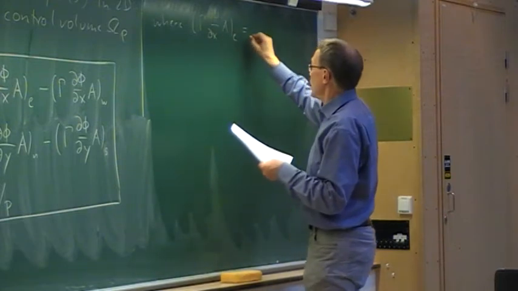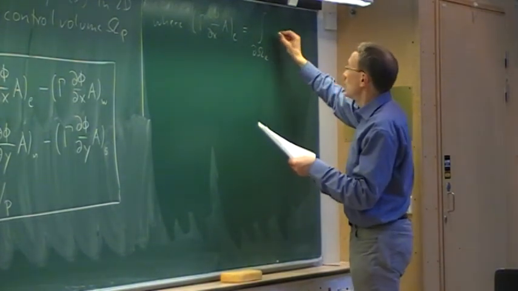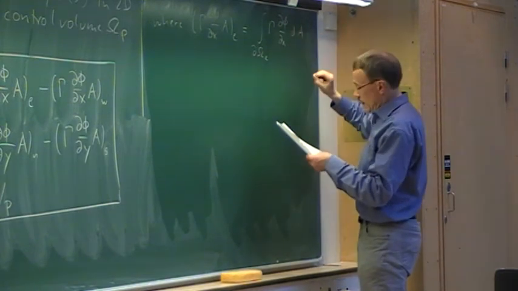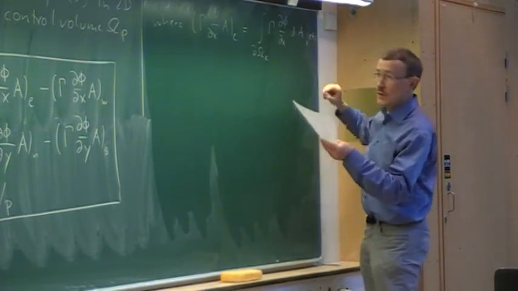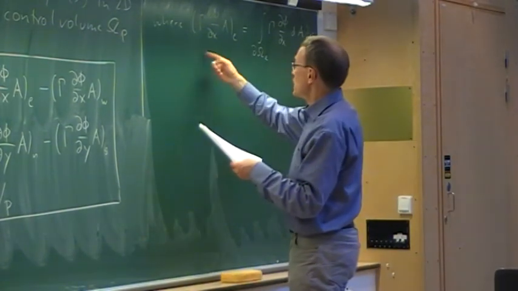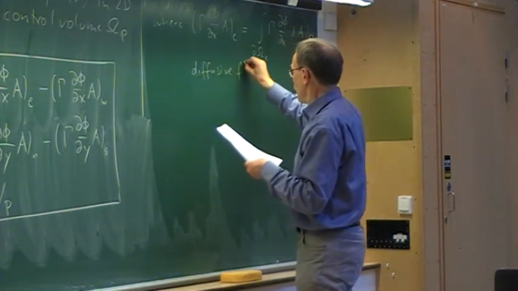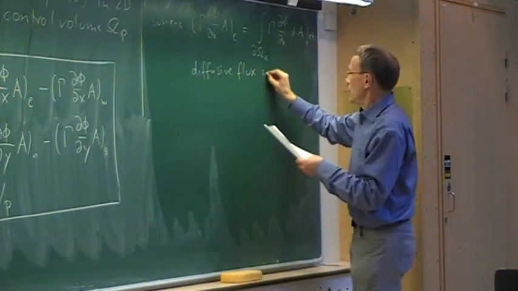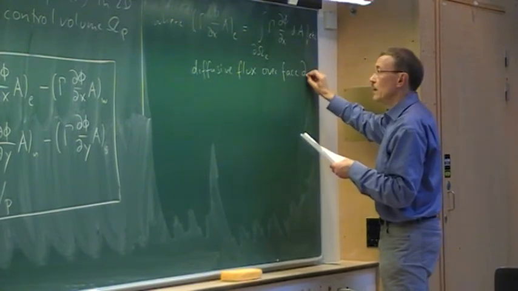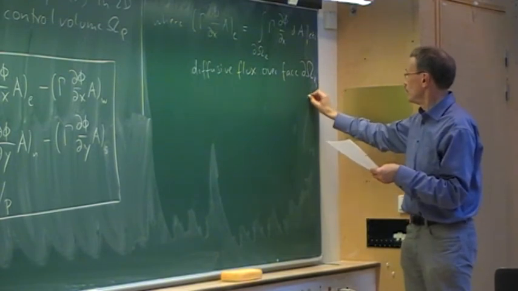For example, that is supposed to be the integral as we saw before, gamma d phi dx dA and so on. For the other faces it's essentially equation 32 that we are using here. So that is then, in this case, the diffusive flux over the face d omega p, and so on.